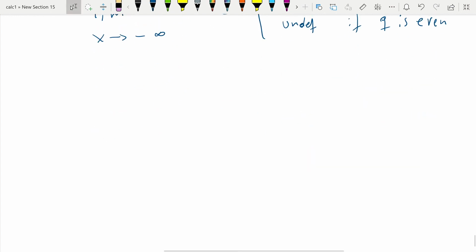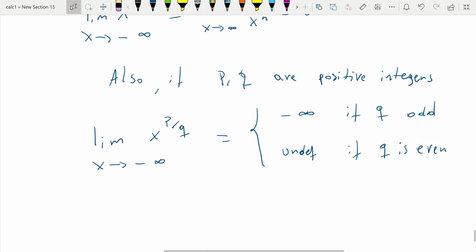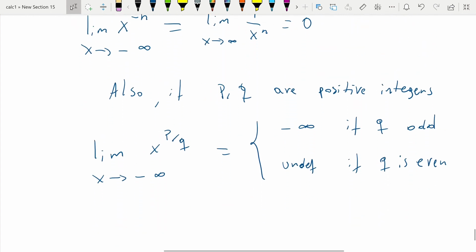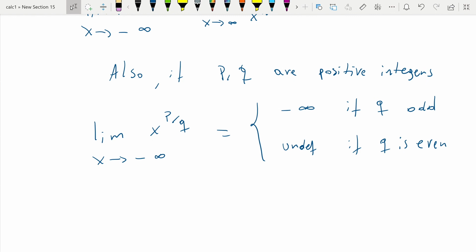So before continuing, whenever we are asked to raise x to any real power, if you're sending x to plus infinity, you can always make sense of that, and that's going to go to infinity.